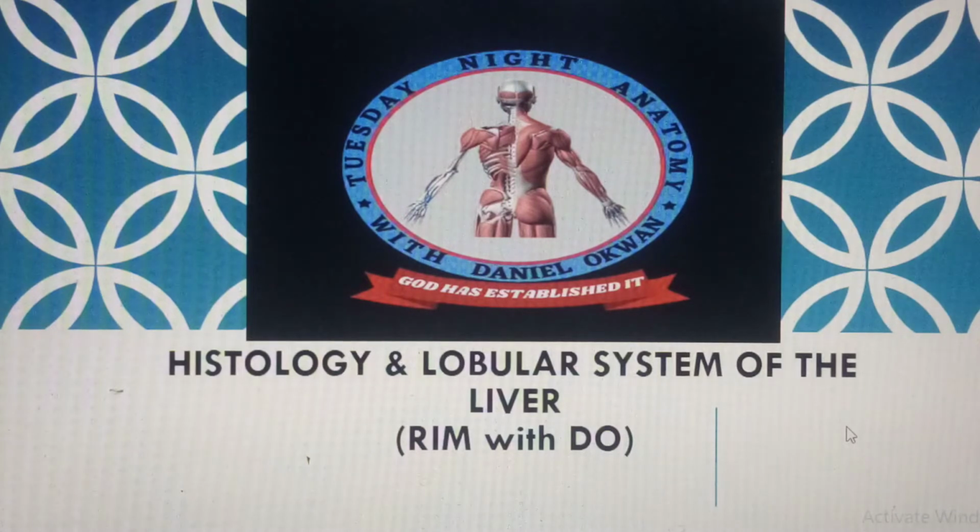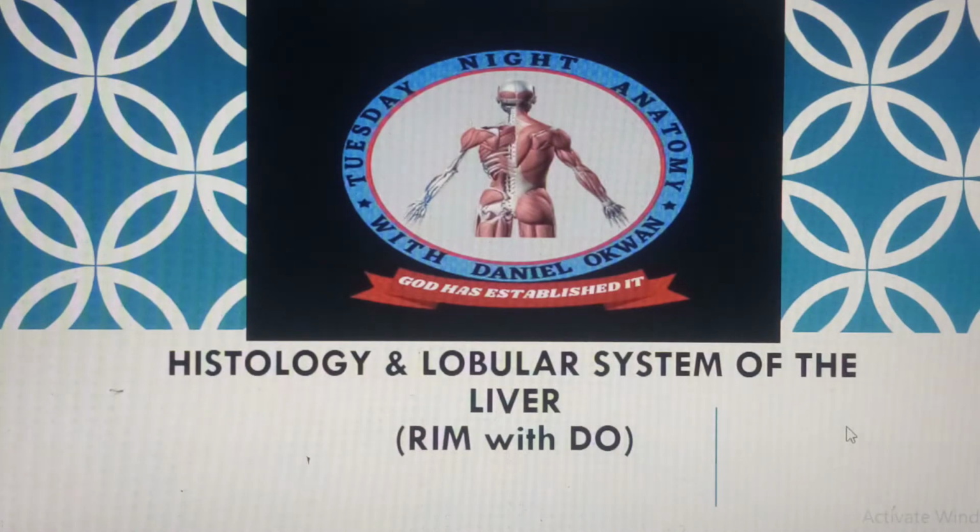Because this liver is a solid organ, you see how the functional parenchyma will be organized and how it deviates from other solid organs. And one other thing is how the lobes of the liver are classified. Anatomically, we see the classic lobe being hexagonal in shape.